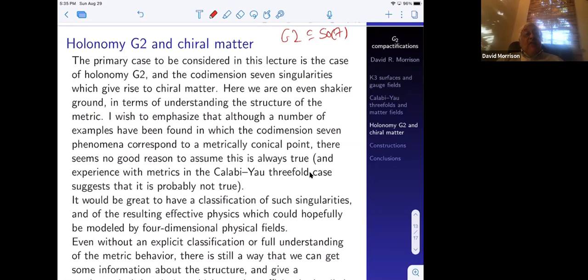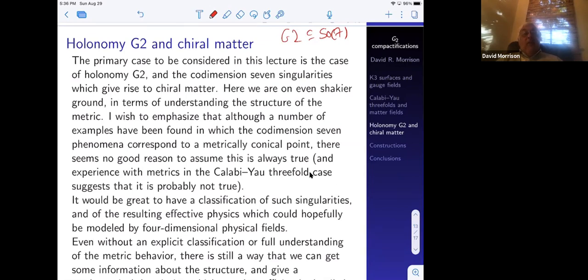It's known that you have to go to those codimension 7 singularities to get a chiral spectrum, and we're expecting a chiral spectrum in 4 dimensions. So if we were just to consider the codimension 6 singularities from the previous slides, well, I would have a whole 1-parameter family of those codimension 6 singularities in this context.